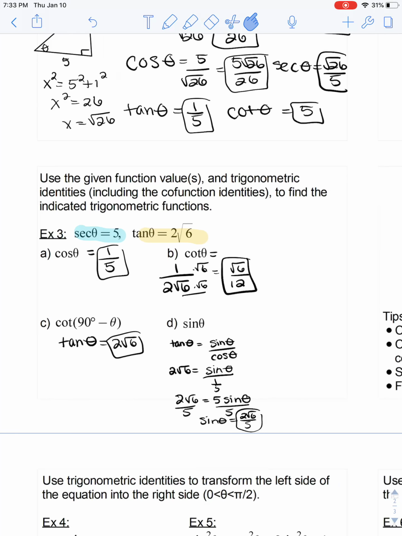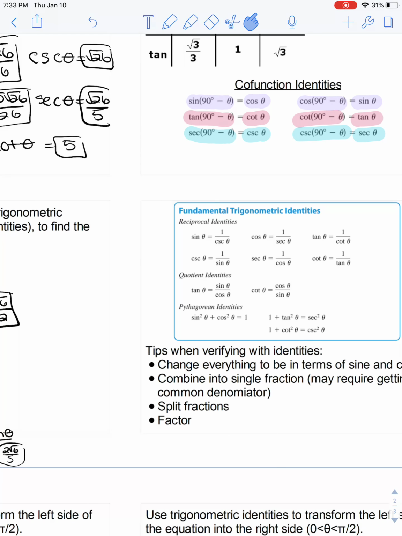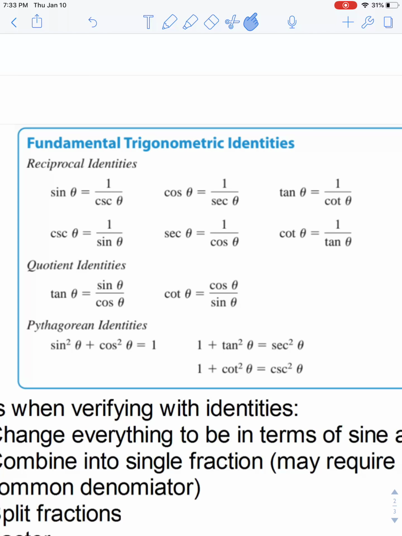Alright, so now something that's going to be important to memorize, even though most of them should be very natural to us. The reciprocal identities: we should know that the sine of theta is the same as 1 divided by the cosecant of theta. Essentially, it's the reciprocal. Same with cosine and secant.